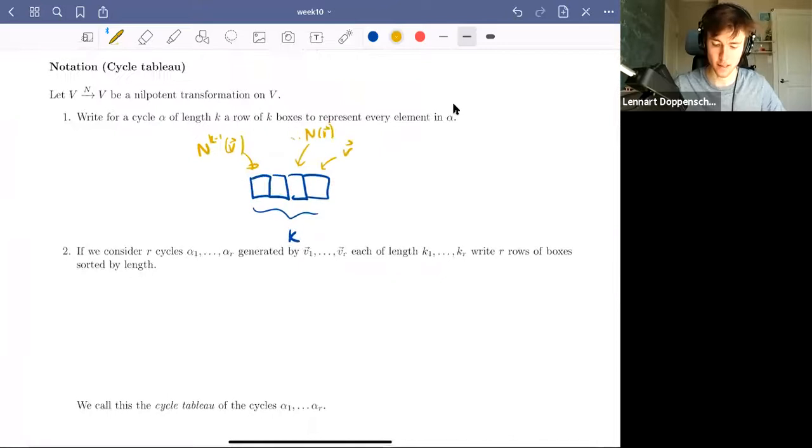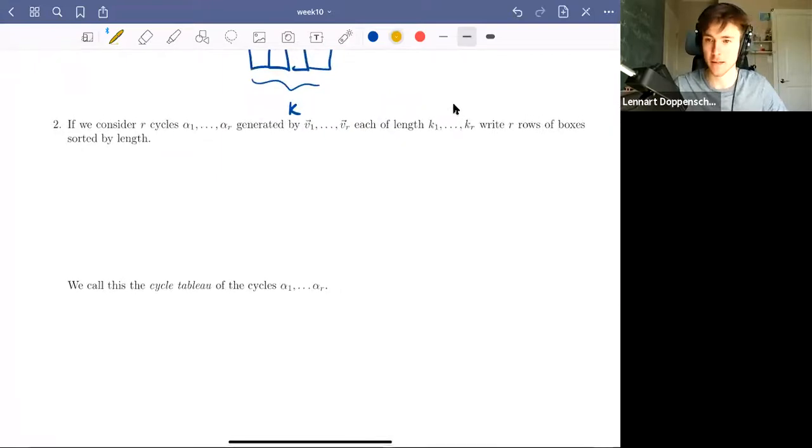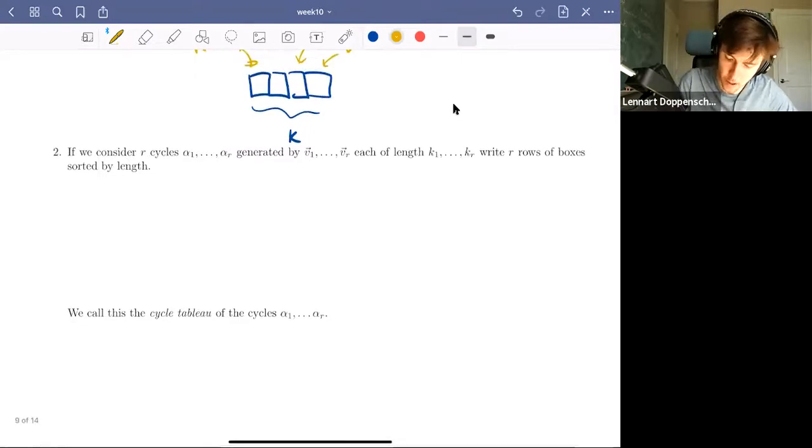We associate a row of boxes to a cycle. The next step is we associate to different cycles each a row of boxes, and we sort them by length and put them on top of each other. So if we have cycles alpha 1 to alpha r of length k1 to kr, then we think about them as boxes that we can stack.